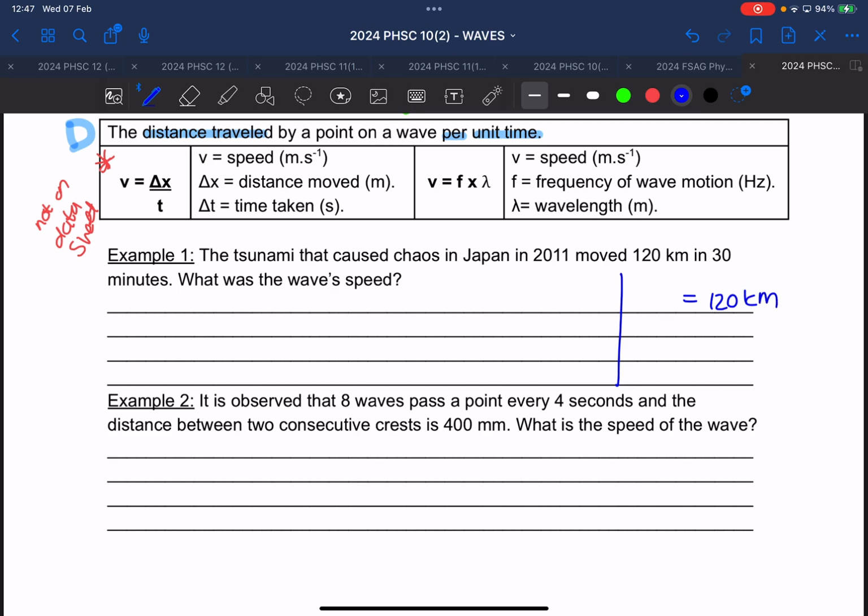What did you answer? I can't hear. That's true. First of all, 120 kilometers, what symbol goes with that? What information are they giving us?